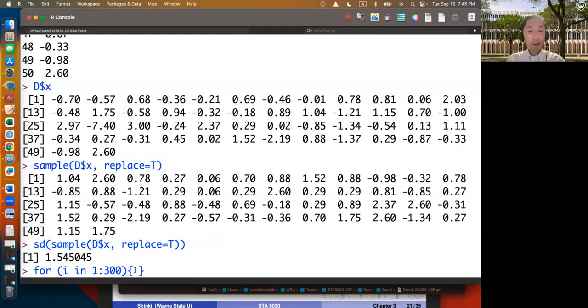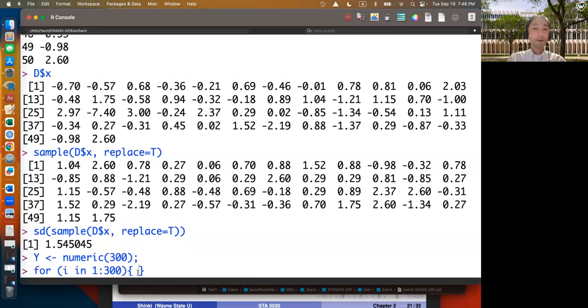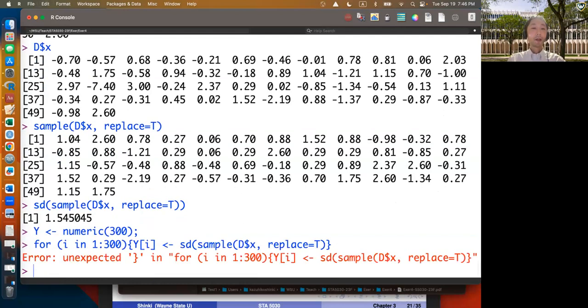So maybe we set the result vector as numeric 1000 first. Then for i in 1 to 1000, the i-th element of y is equal to the standard deviation of this simulated sample.